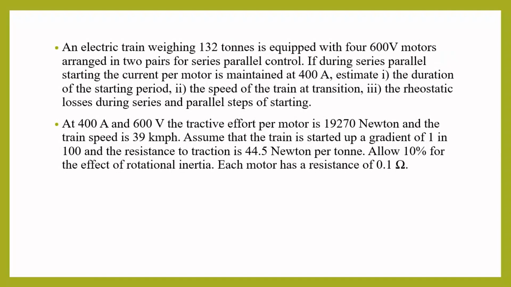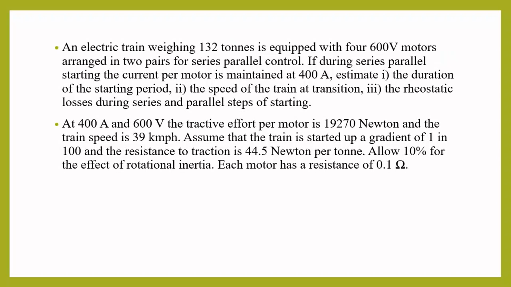At 400 amperes and 600 volts, the tractive effort per motor is 19,270 Newton and the train speed is 39 km per hour. Assume that the train is started up a gradient of 1 in 100 and the resistance to traction is 44.5 Newton per ton. Allow 10% for the effect of rotational inertia. Each motor has a resistance of 0.1 ohm.